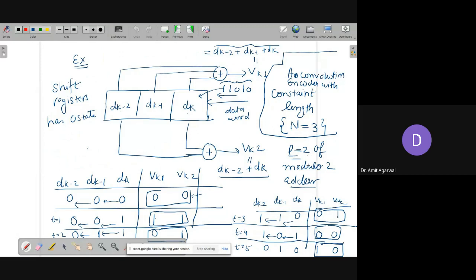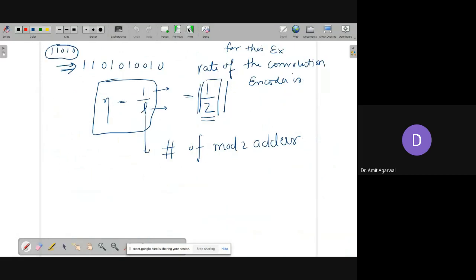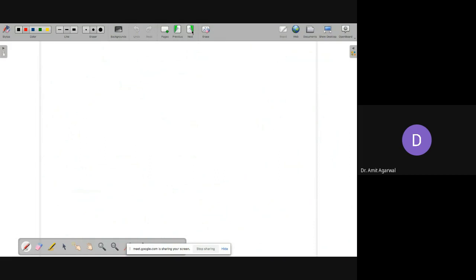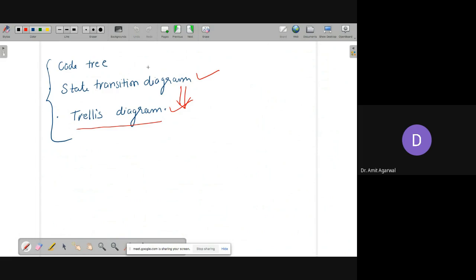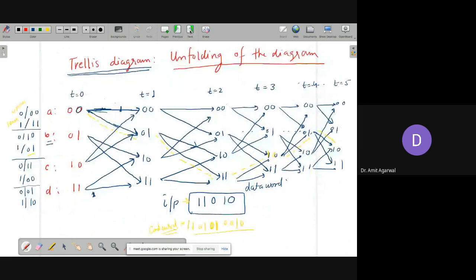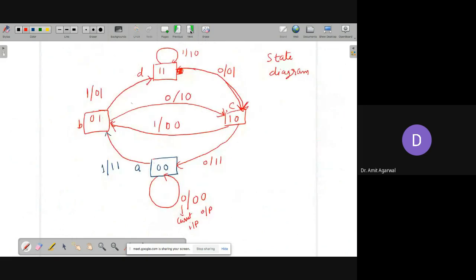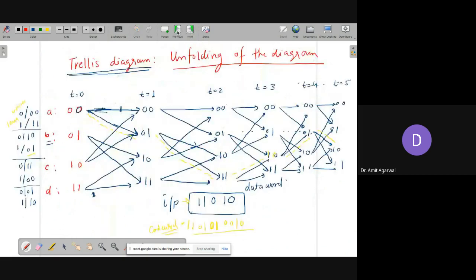L represents the modulo 2 adders, and the code rate of a convolutional encoder is 1 by L. And we have seen the state transition diagram, trellis diagram, and code tree for our convolutional encoder. Next time we will see how to get any code word using the code tree, and how to decode our convolutional codes using the trellis diagram.